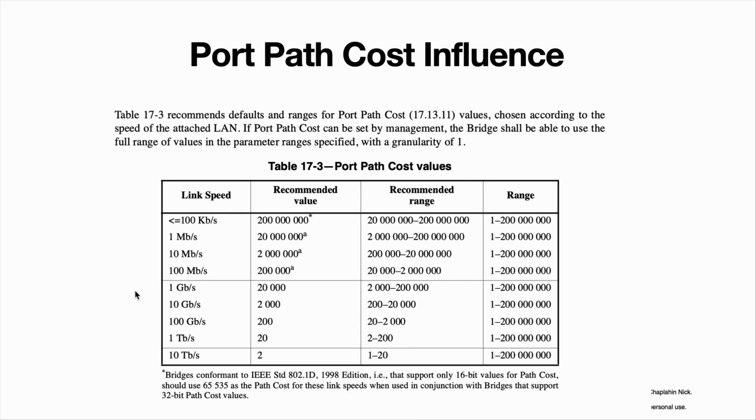Port path cost depends on the maximum reachable line rate on this port. Starting from xSTP, there is a formula that allows calculating the necessary port path cost based on link speed. Because for STP specific numbers were defined, and those numbers stop working after, I don't remember, 50 gigabits, something like that. So now we have a formula up to 10 terabits. Wonderful. And how does this influence port roles?